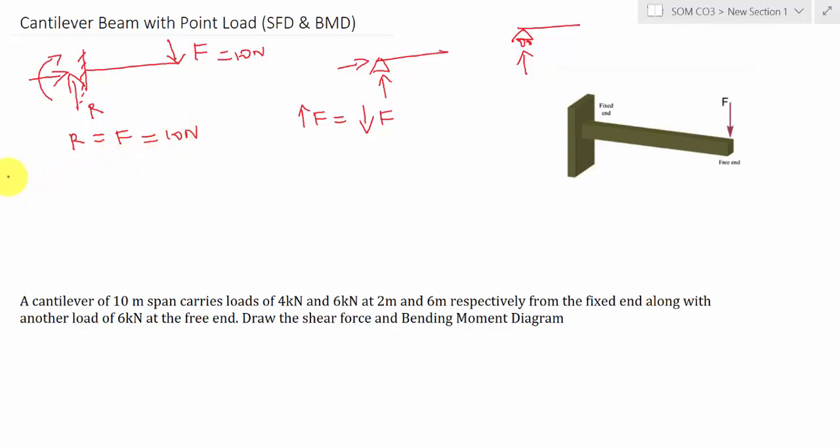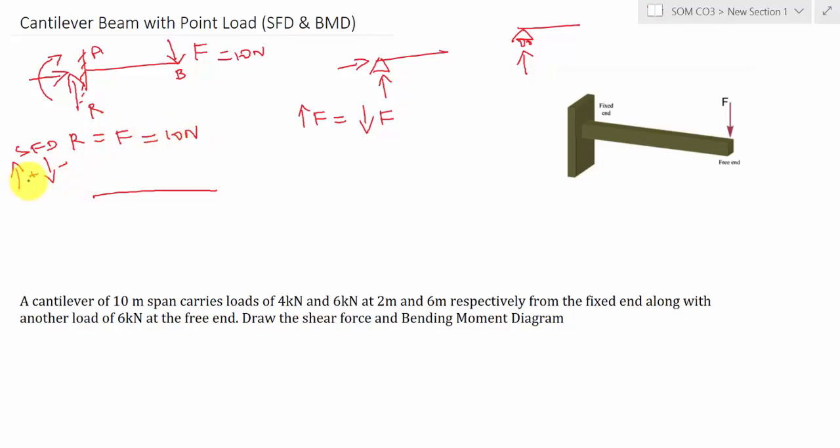Remember that in the shear force diagram, I have considered upwards as positive and downwards as negative. Now this is my shear force diagram, with point A and point B. At point A, a force R is acting in the upward direction with a magnitude of 10 Newton.